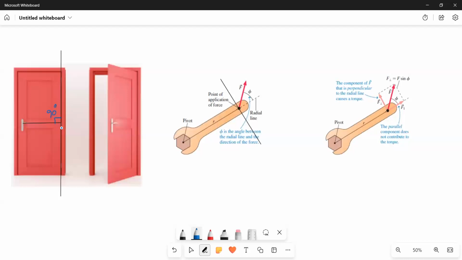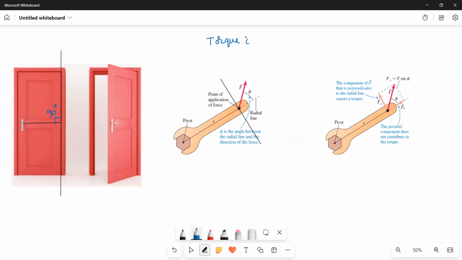So why are we doing all this? Here also the handle makes an angle of 90 degrees with the hinges. This is the axis of rotation, this is the point of application of force, and the angle is 90 degrees. To find out the answers for all these things, we will study a concept called torque.